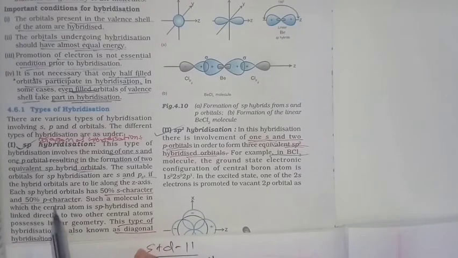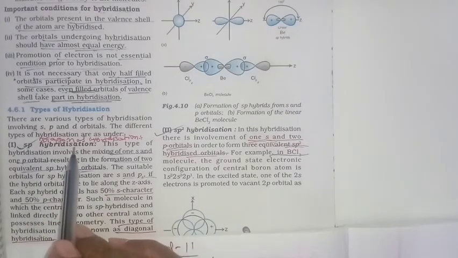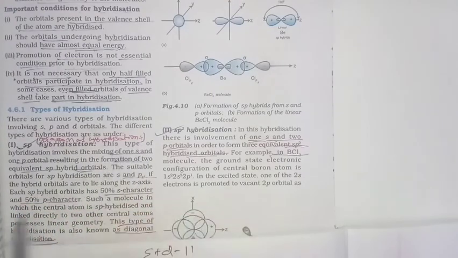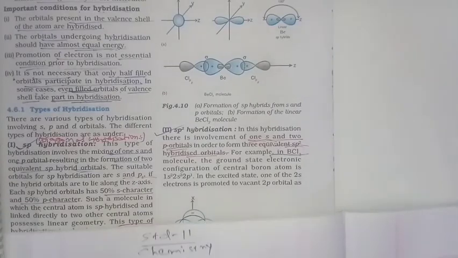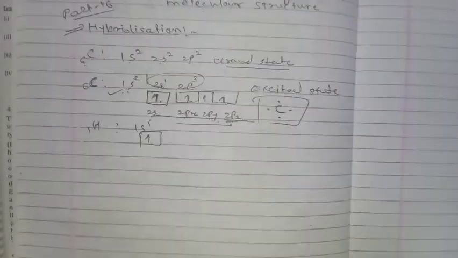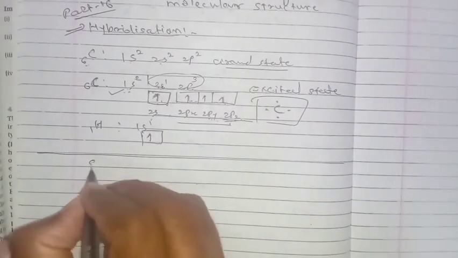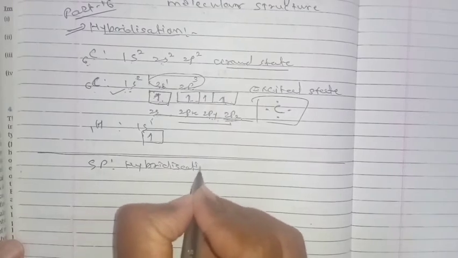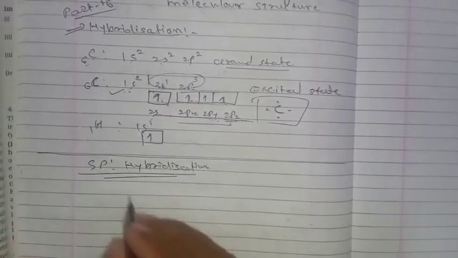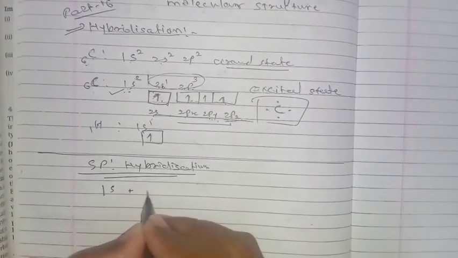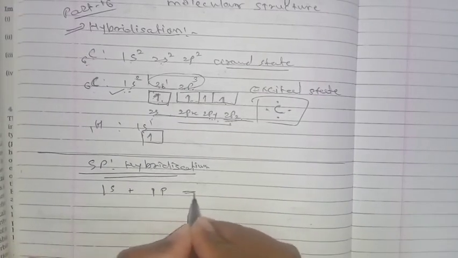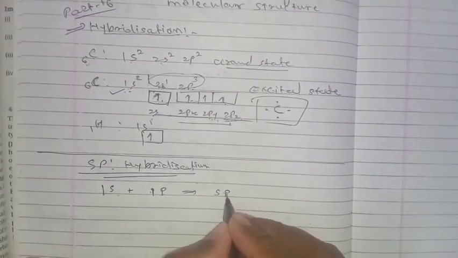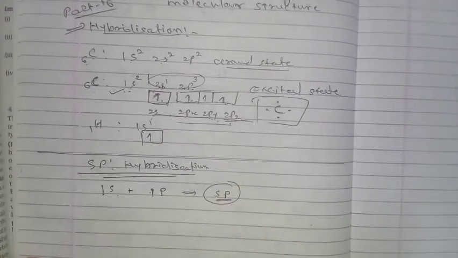First of all, let's see sp hybridization, which is also named diagonal hybridization. In sp hybridization, one s and one p orbital are hybridized and it is called sp hybridization.